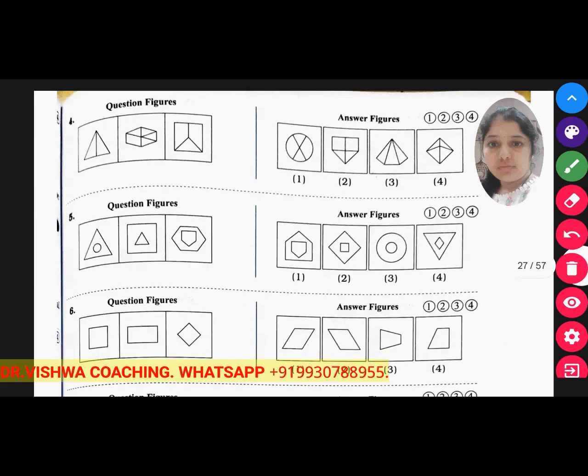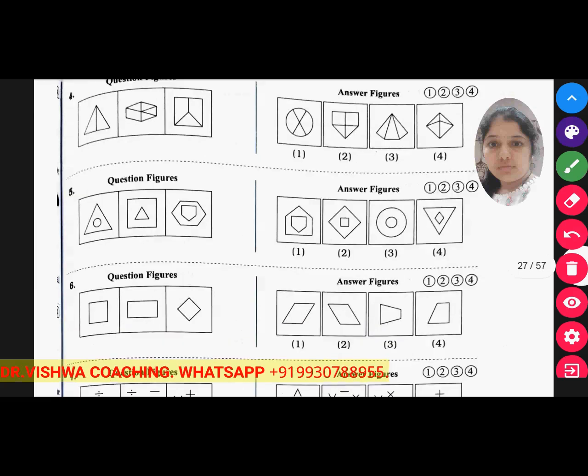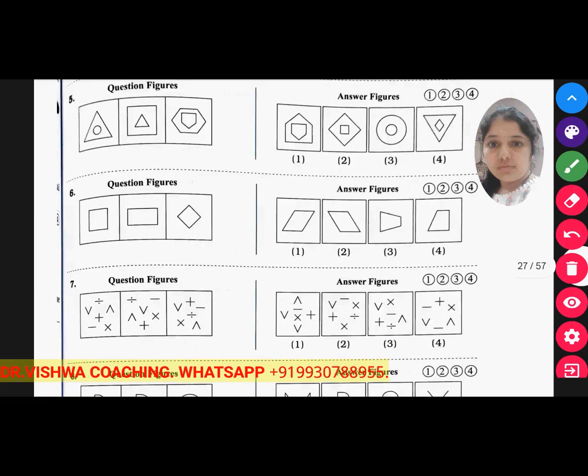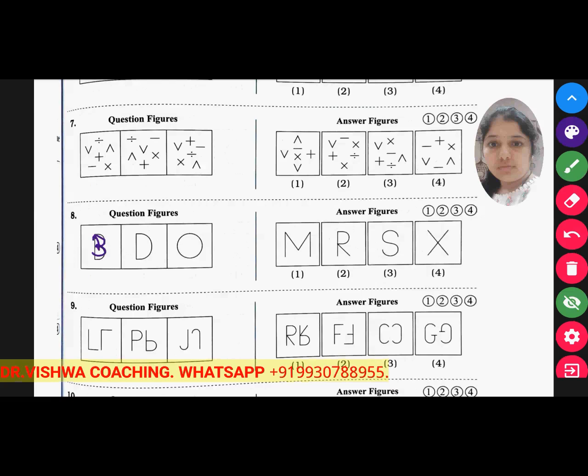Now I will leave some questions for you. I will go ahead. Now see B, D, O, and we have to identify the next alphabet which shows the same pattern as these 3. If we divide this alphabet by a horizontal line, it gets divided into 2 equal halves.